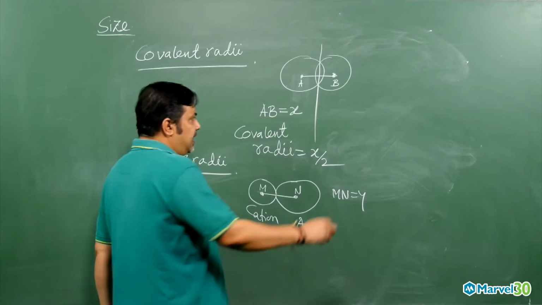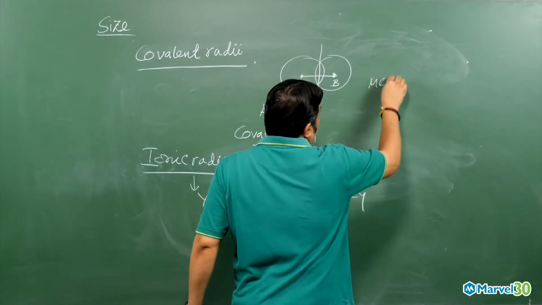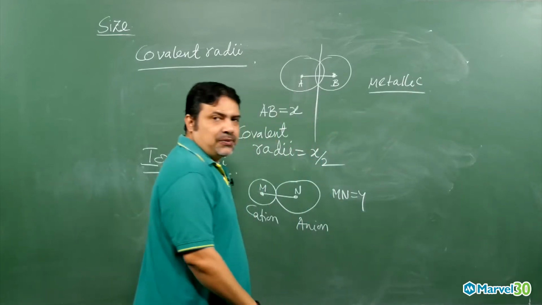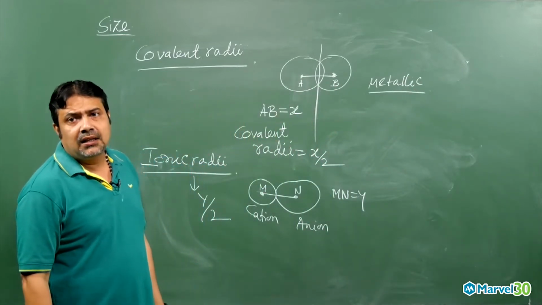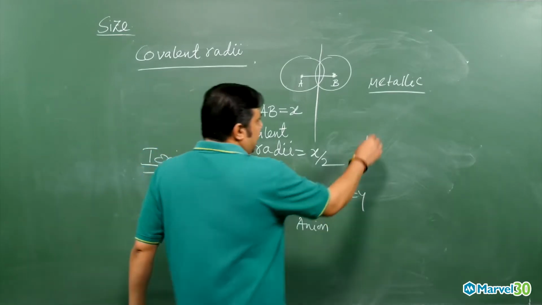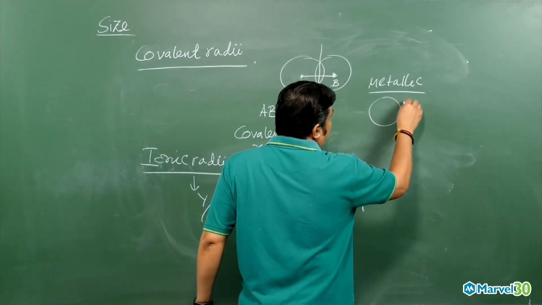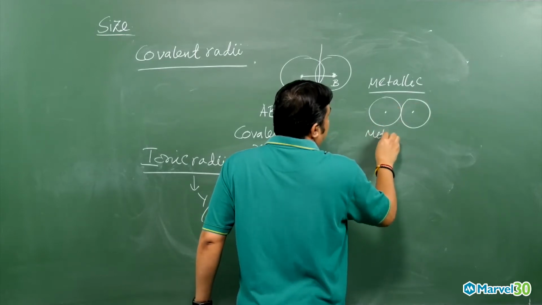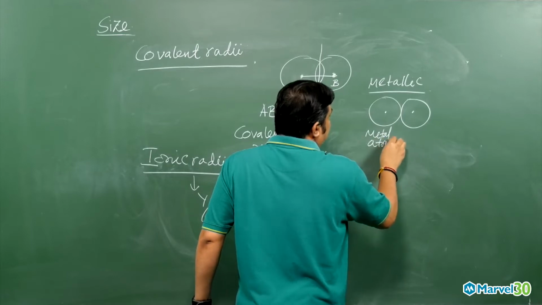And then the metallic radius picture will be the same. Ionic and metallic will be the same. Only, in metallic there is an electrostatic force of attraction between the cation and electrons, but here it is between cation and anion. That is why the two metal atoms just touch each other. This is a metal atom and this is another metal atom.